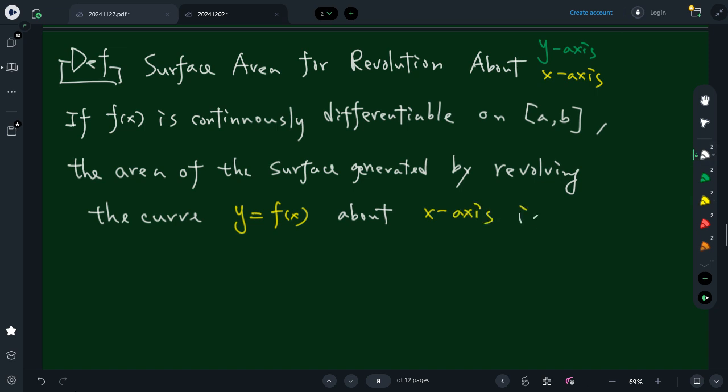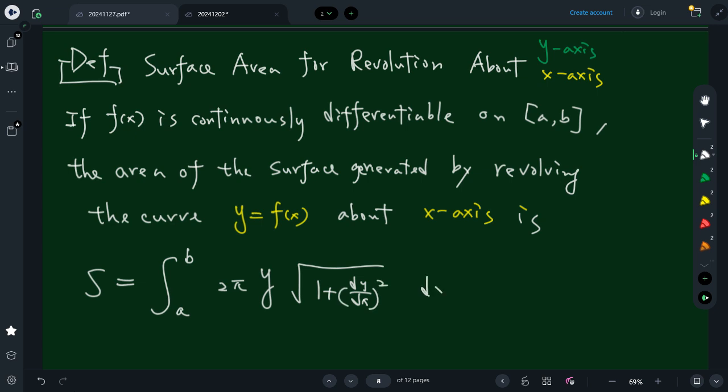The result will equal the integral from a to b of 2 pi y times the square root of 1 plus (dy over dx) squared, dx.